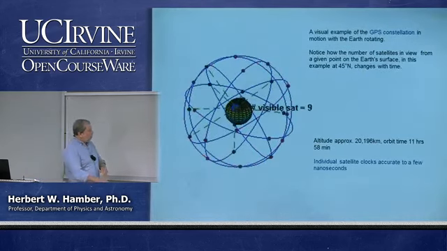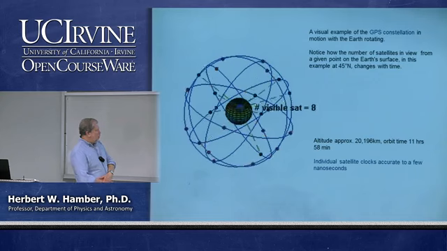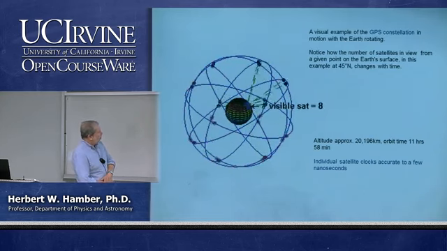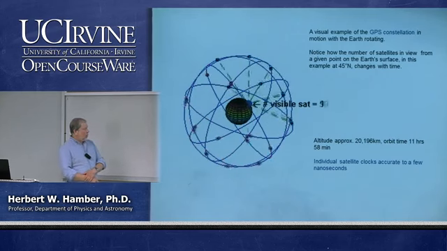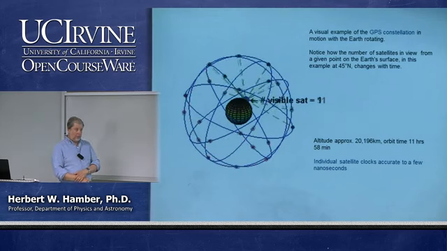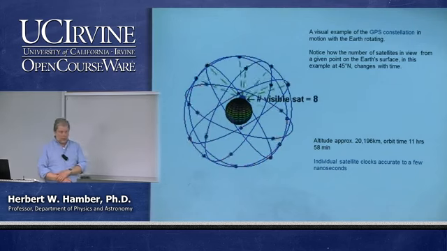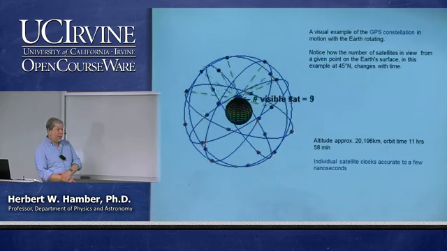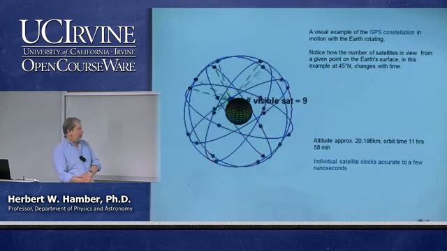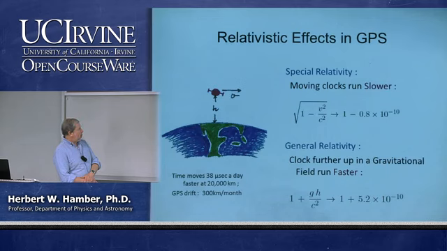And so they orbit the Earth in about 12 hours, and they carry clocks which are accurate to nanoseconds. And of course we saw that already from the previous discussion of the airliner experiment, that these clocks have to be quite accurate to be able to correct for the effects of general relativity.